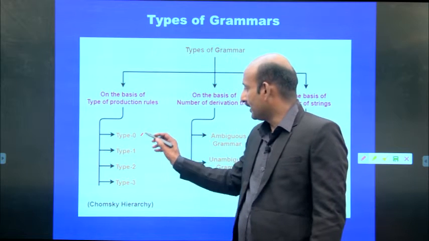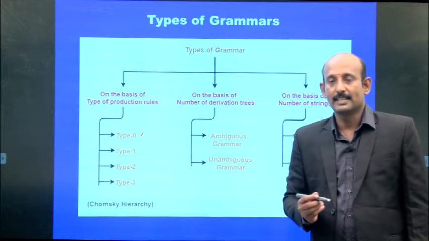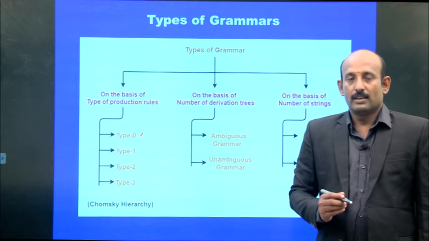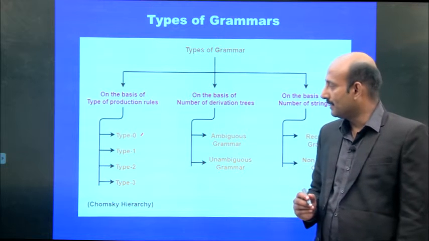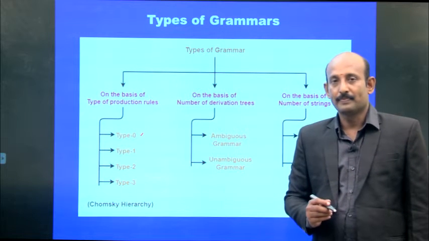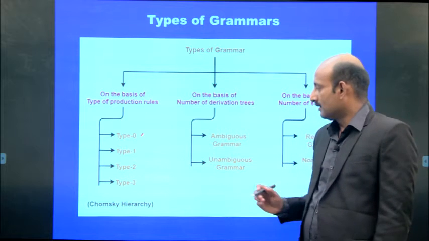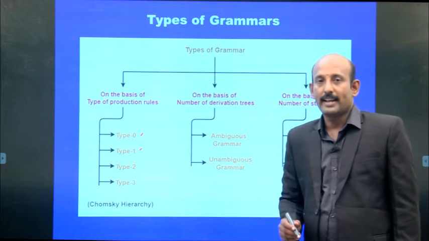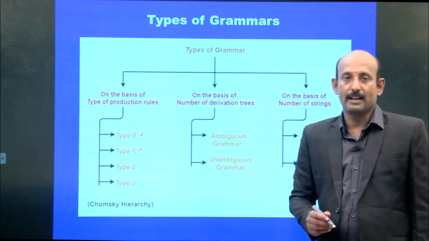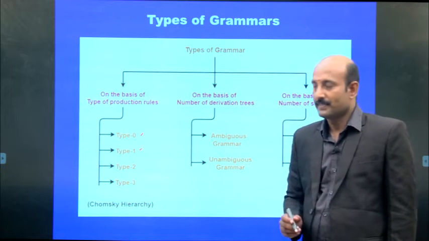Type 0 grammar, we can call this an unstructured grammar. Similarly, type 1 grammar is context sensitive grammar.